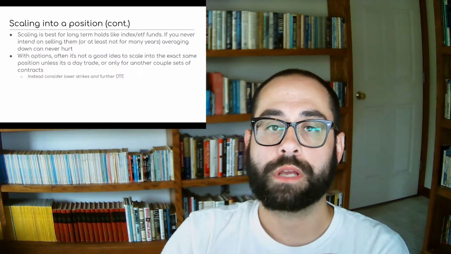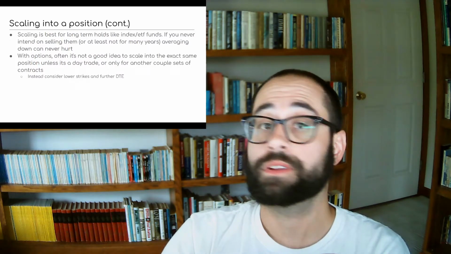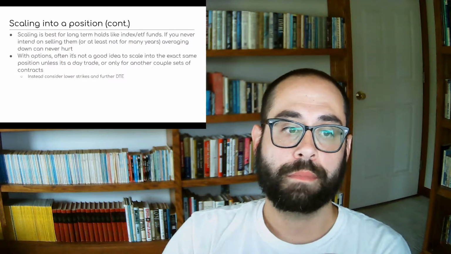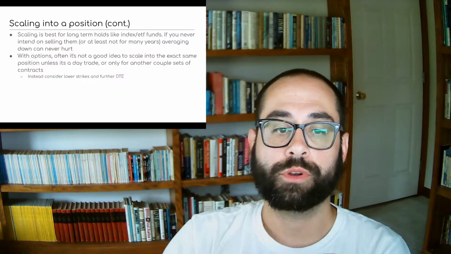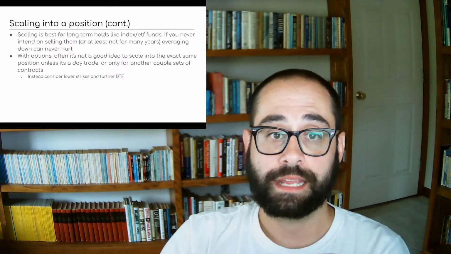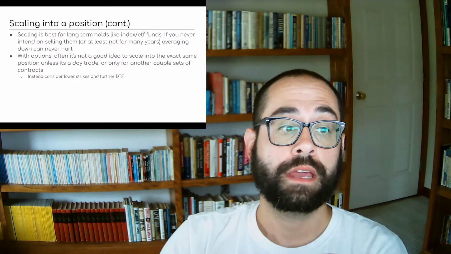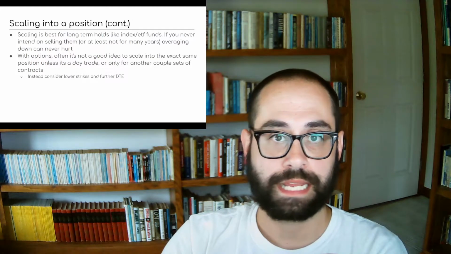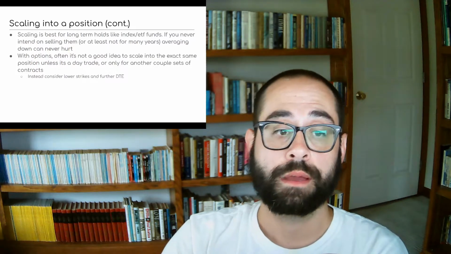Then maybe I'll just get another contract or two to increase the net premium that I collected on that position. But the whole caveat there is you still have to believe in that position for that exact strikes and date to expiration. In many cases, it's better to consider lower strikes or a further dated days to expiration position.